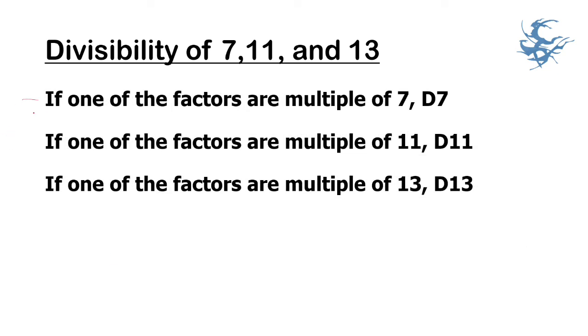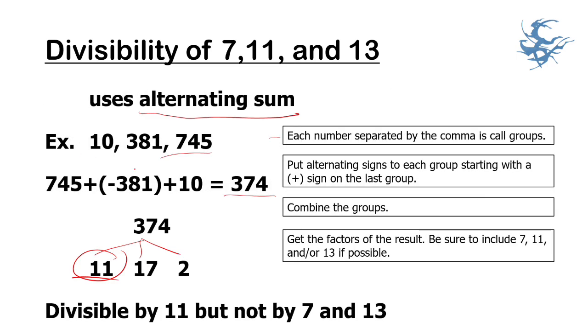If one of the factors is a multiple of 7, or 7 itself, then it is divisible by 7. If one of the factors is a multiple of 11 or 11 itself, then it is divisible by 11. At kung isa naman sa mga factor ay multiple ng 13 or 13 itself, then it is divisible by 13. So, ganun lang yung alternating sum. Okay?